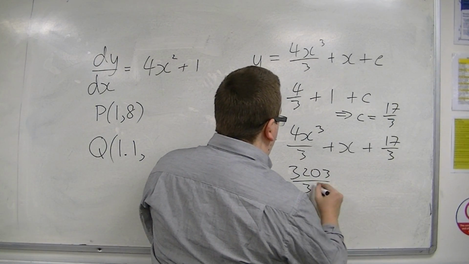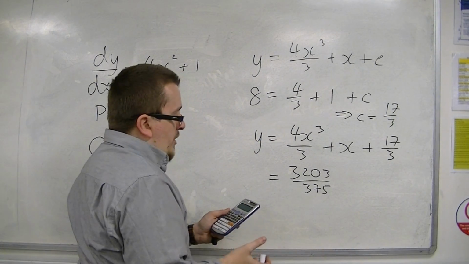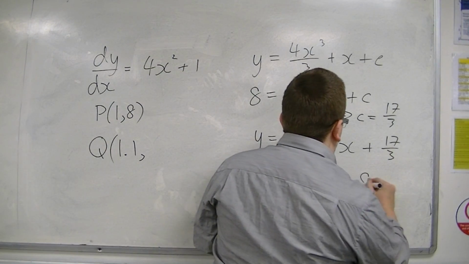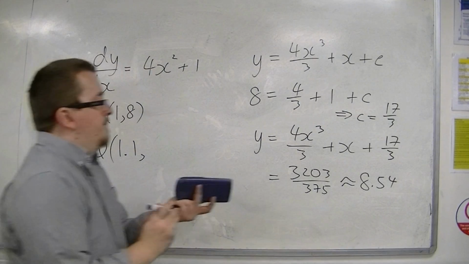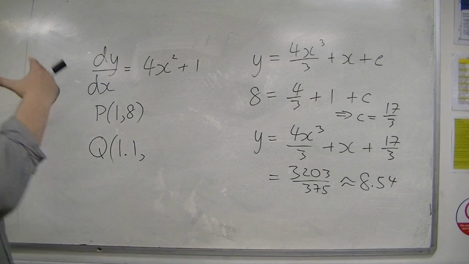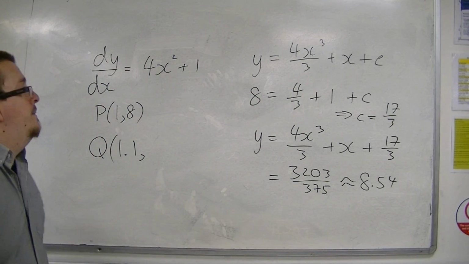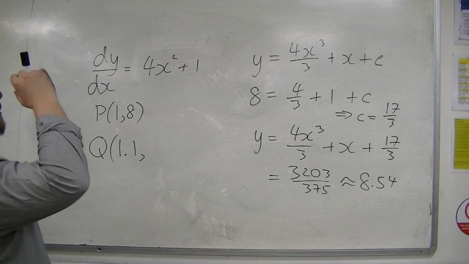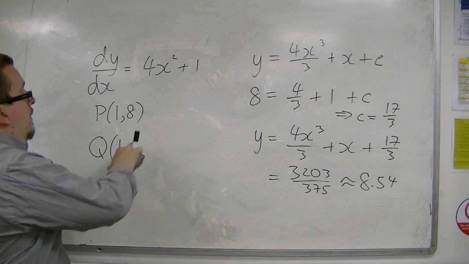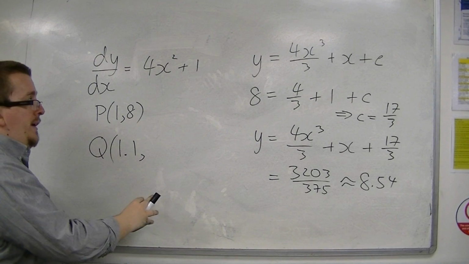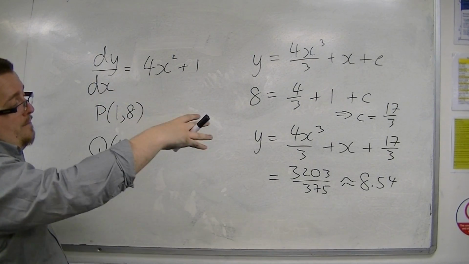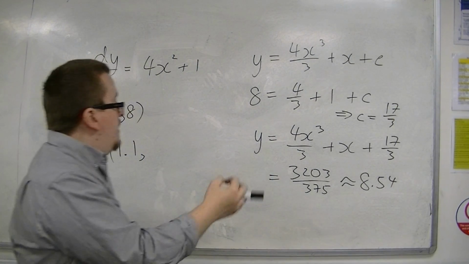It gives me the exact answer, which is about 8.54. Okay? So this is a Core 1 method that I can use to work out a point that is very close to P, and work out the y coordinate.